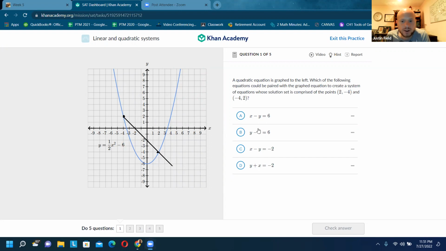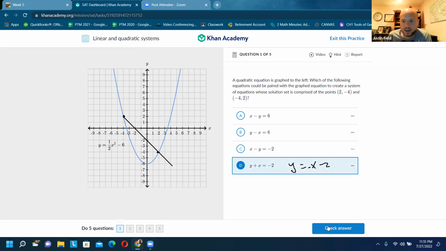The y-intercept is negative 2. And so it can't be one of those two. And then let's put these guys in slope-intercept form. So this would be y equals negative x minus 2. And that does work. So that's the answer.